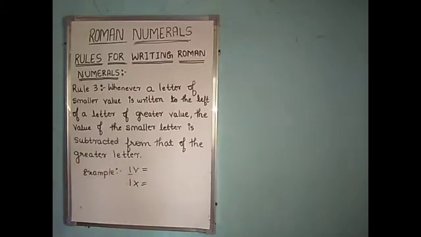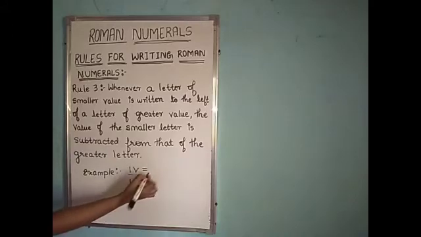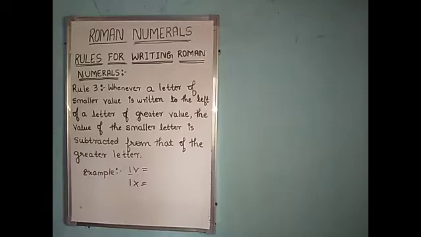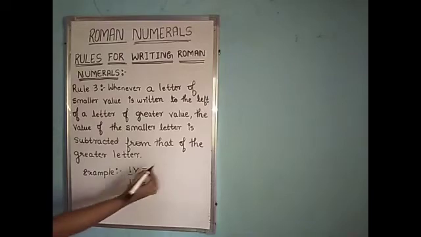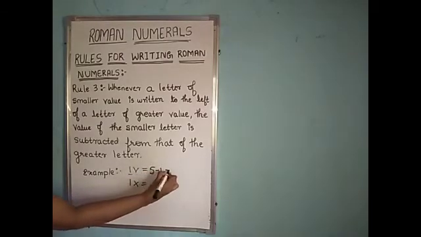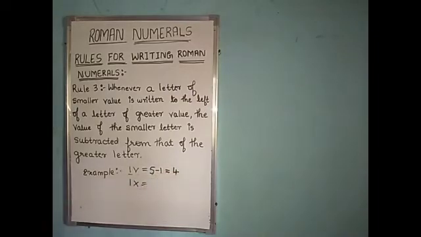The numeric value of I is 1 and the numeric value of V is 5. We have to subtract 1 from 5. So, 5 minus 1 is equal to 4. So, IV is equal to 4.